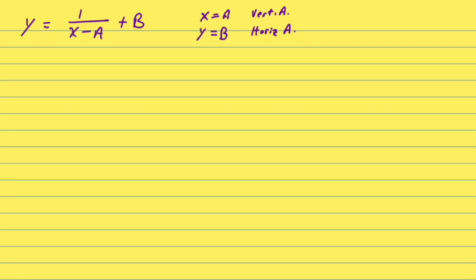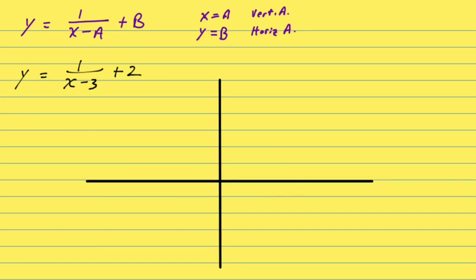So for example, y equals 1 over x minus 3 plus 2. Well, what is the a? Here's the way I usually do it. What makes the denominator 0? Anything that makes the denominator 0 and does not cancel creates a vertical asymptote.